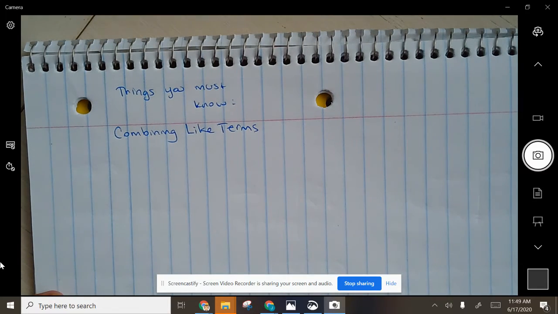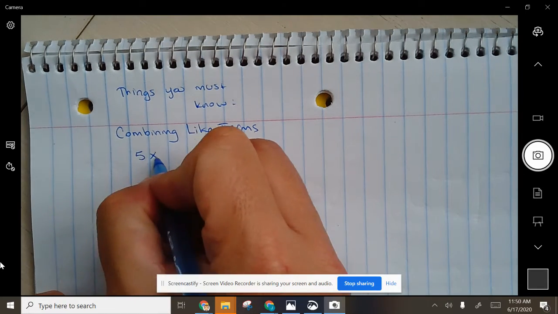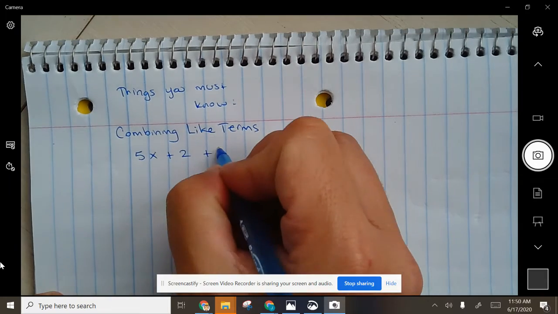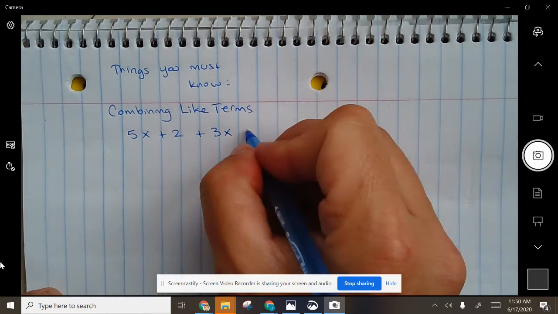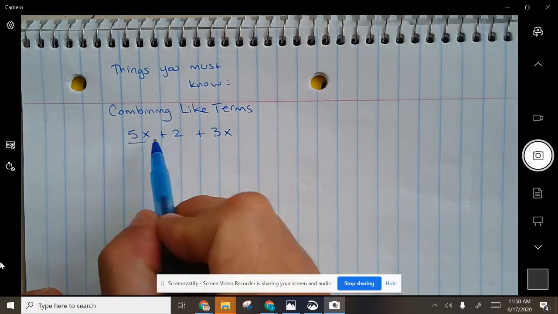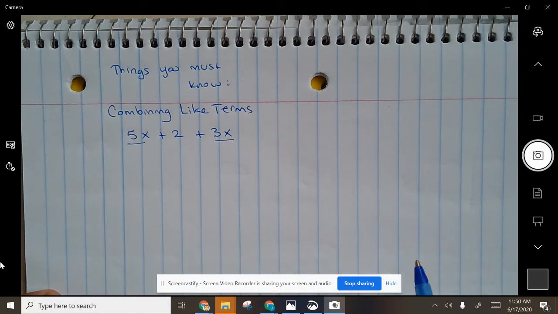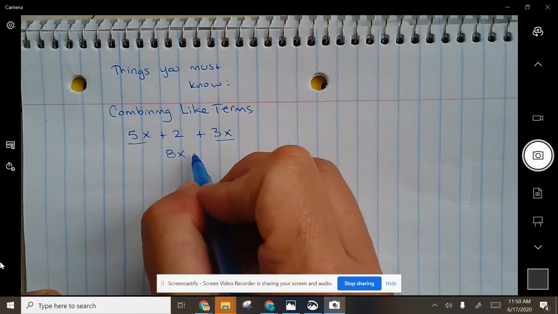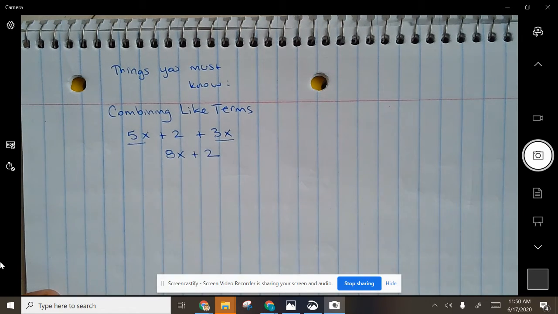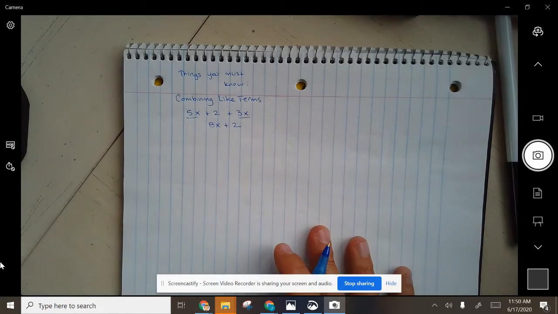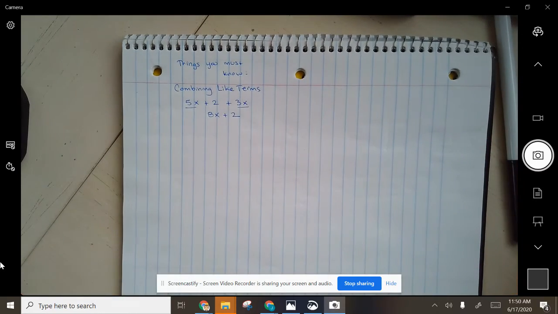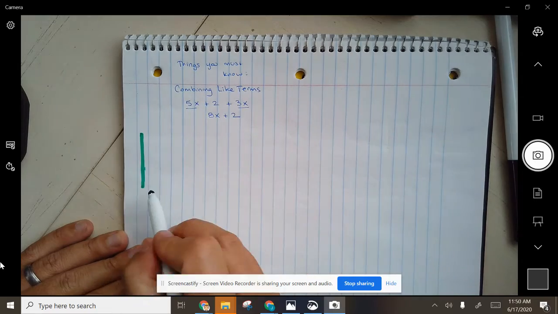Okay. So if I have 5x plus 2 plus 3x, you know those are like terms. So this can eventually be 8x plus 2. Okay. So we're going to go through that in this next box area. Same thing, there's going to be 4 boxes.